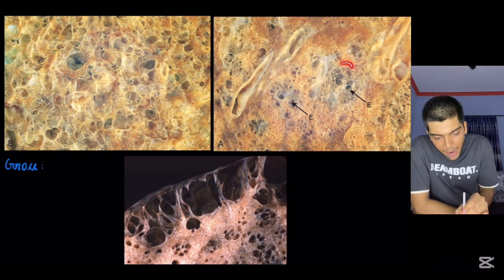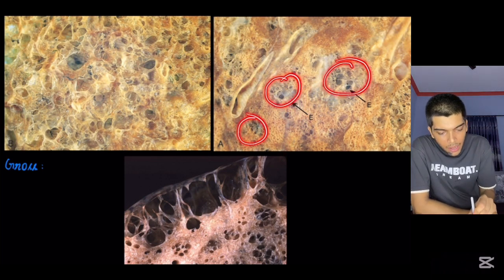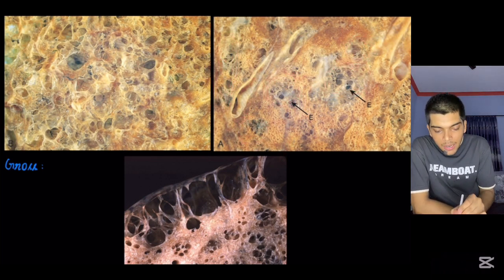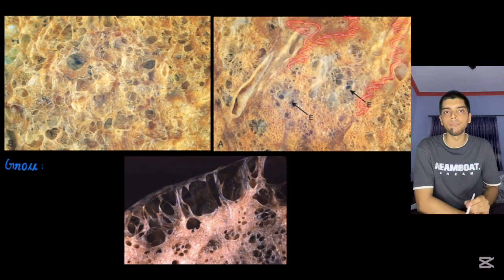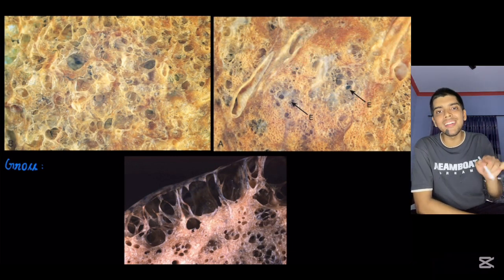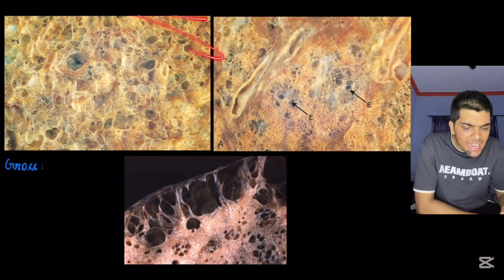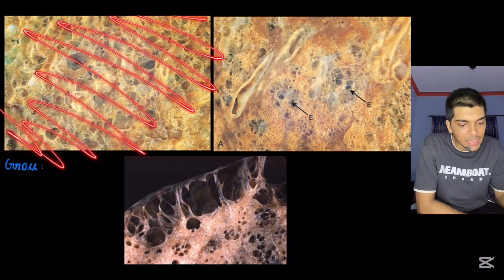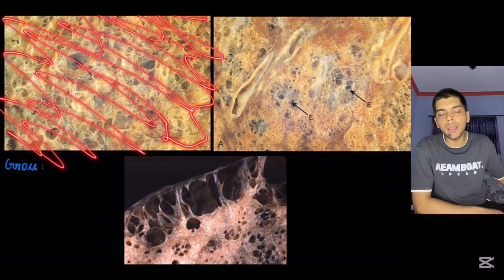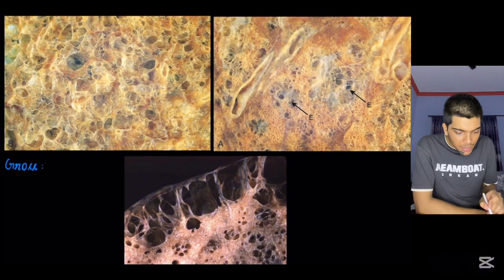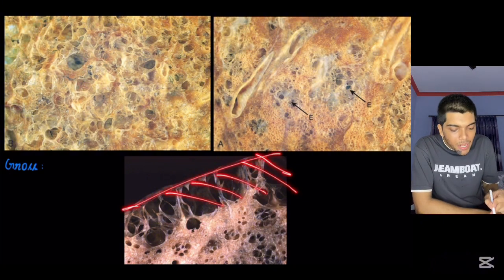So there is partial involvement here, right? But then these areas, they are normal. These areas, they are normal. These areas, they are normal. That means there is partial involvement, centri-acinar. The complete parenchyma is emphysematous. Complete parenchyma. So it is pan-acinar. It is only the paraseptal region, the septal region that is affected.